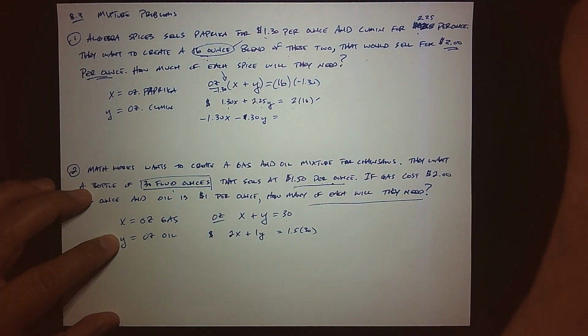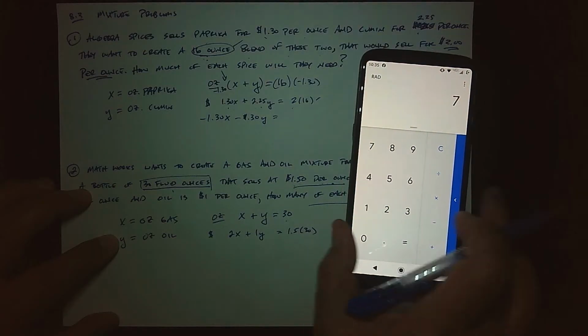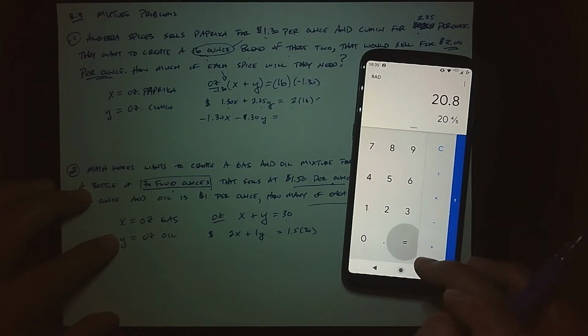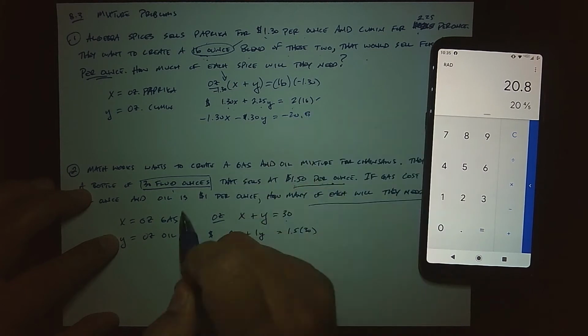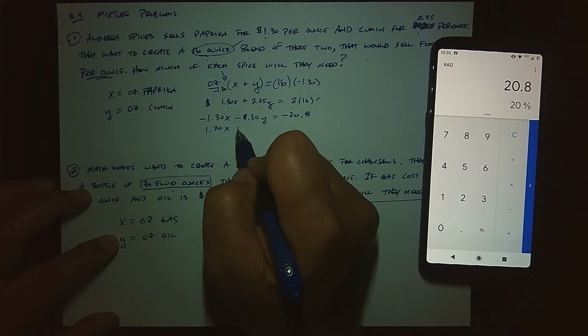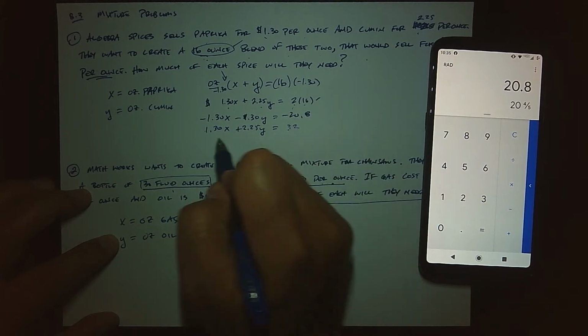Bust out my calculator again, and what do we have? We have 16 times 1.30, and that's negative 20.8. So the other equation is 1.3x plus 2.25y, and 2 times 16 is 32.